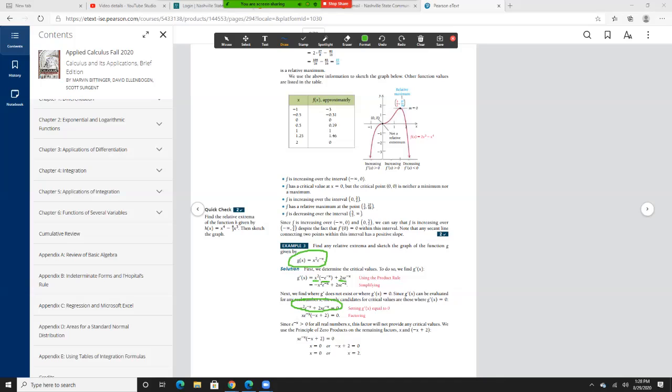Notice that we can factor out x e to the negative x, and that leaves us negative x plus 2 in parentheses. And again, we just set both of these equal to 0 and solve. That gives us 2 critical values. X can be 0 or x can be 2.